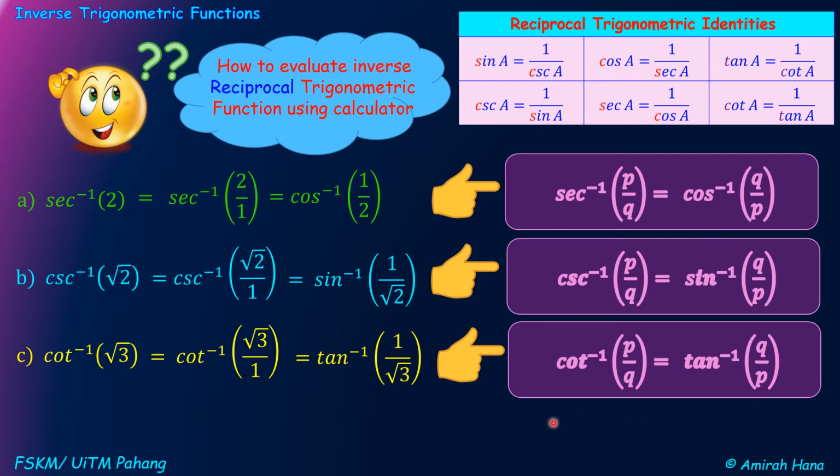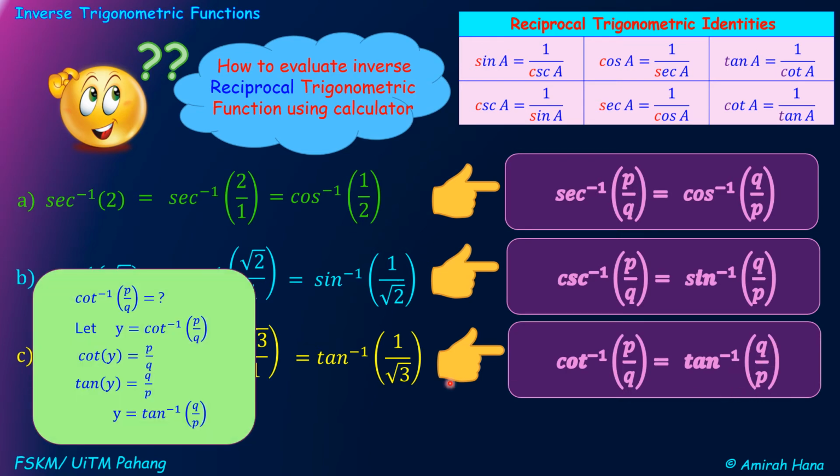Why do we say that inverse cot P over Q equals inverse tangent Q over P? Let's say we have inverse cot P over Q equals y. After that, inverse cot, we move to the left hand side.